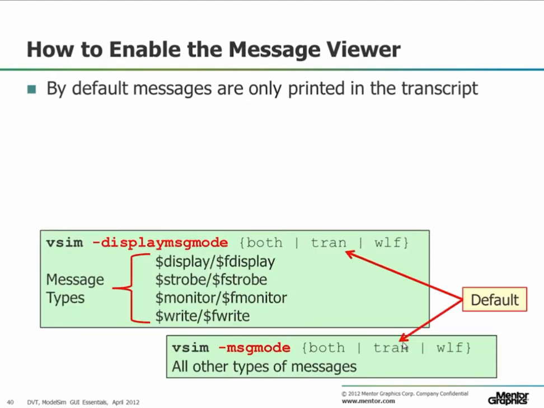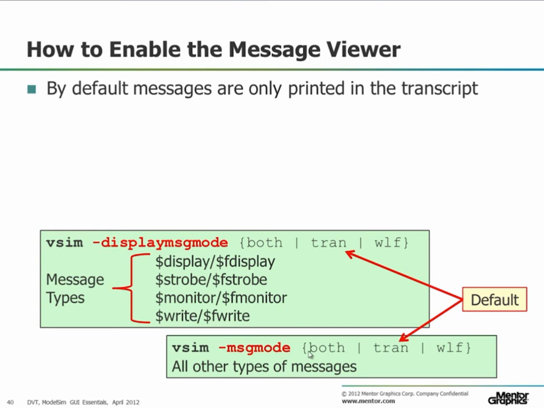So how do you enable that? There are two different switches you can throw. With the -displaymode switch, you can say put the messages in the transcript, in the WLF file, or in both places. That handles the Verilog $display, $fdisplay, $strobe, $monitor, and $write.